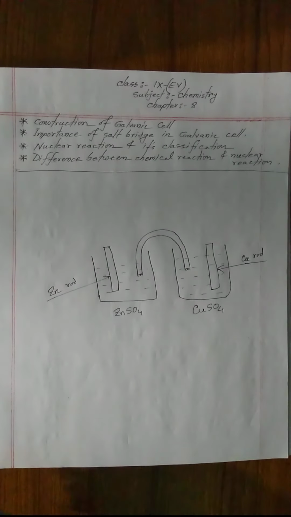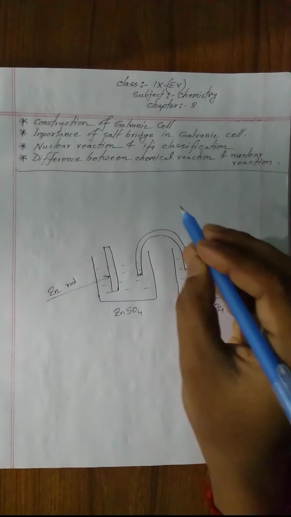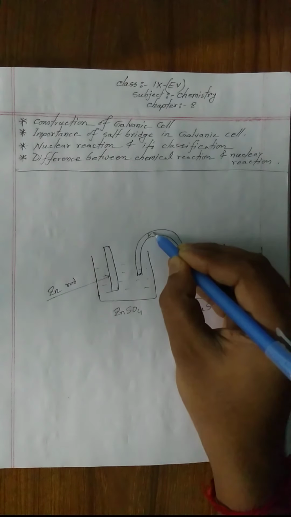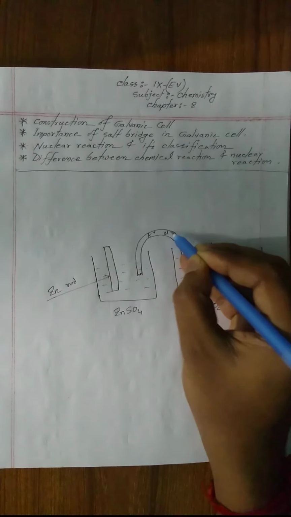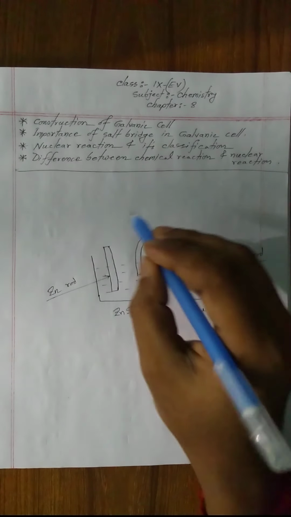That means the chemical substance agar agar with potassium chloride or potassium nitrate. This mixture creates a gel-like substance. So inside this salt bridge, potassium ion and chloride ion are present.